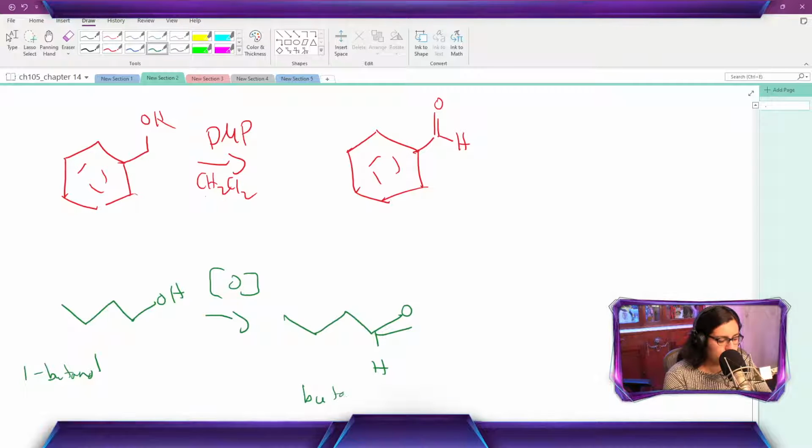We can form butanal. And then if we do another oxidation, or if our conditions are harsh enough, then this will go to the acid. So 1, 2, 3, 4. And so this gives us butanoic acid.